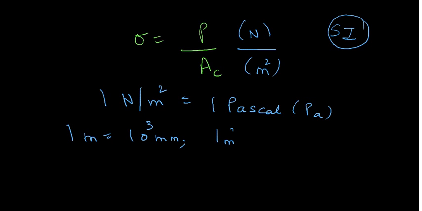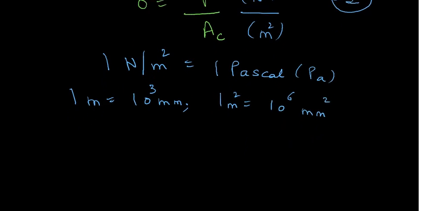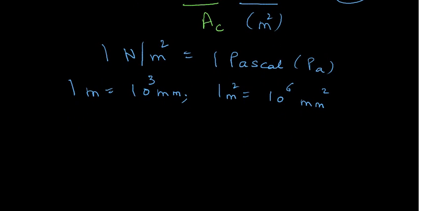So this would become 10 to power 6 millimeter square. Okay, let's move it a bit. Continuing, this means if I replace the meter square in the denominator by this, I will get 10 to power 6 millimeter square, and this is equal to 1 Pascal.